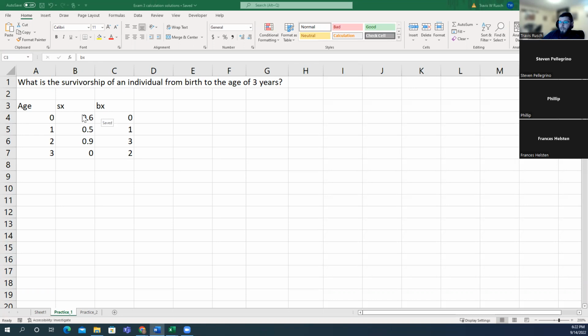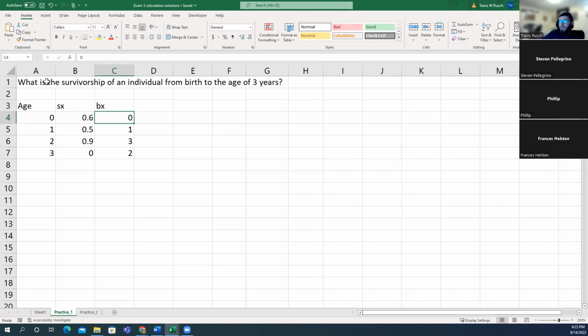Cogbooks often refers to S sub X as survival rate from 1 year to the next year, from like age 1 to 2 or 2 to 3, that single step. And then B of X, it correctly was said, is the fecundity or birth rate of that given age class.